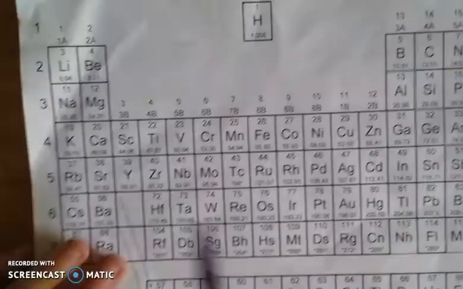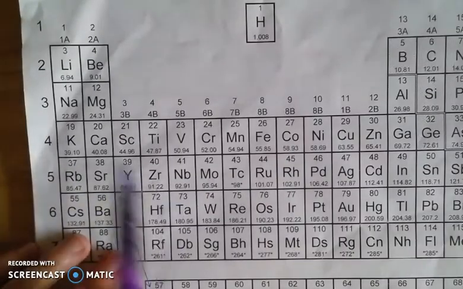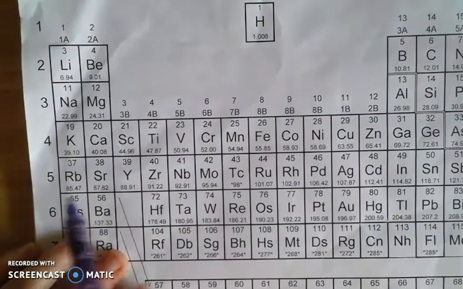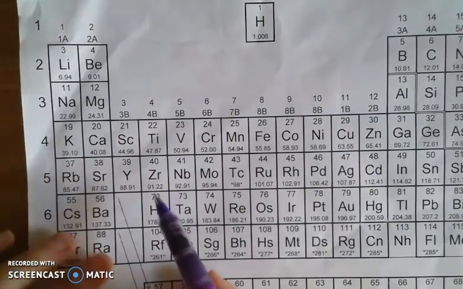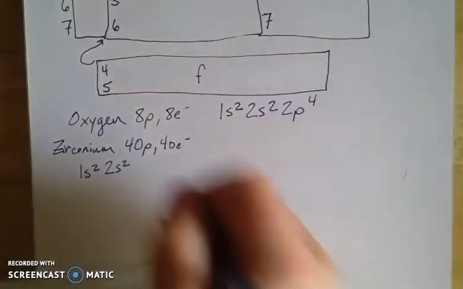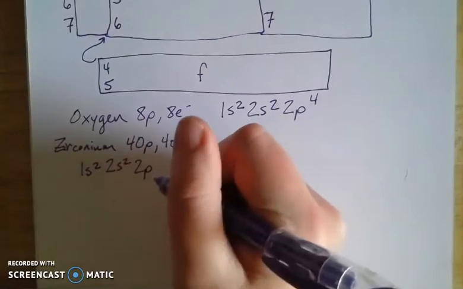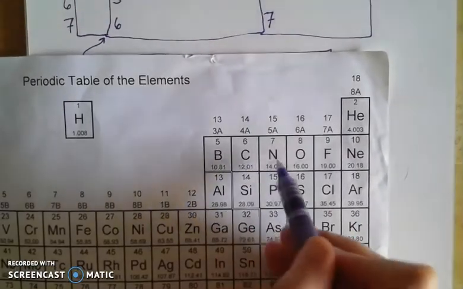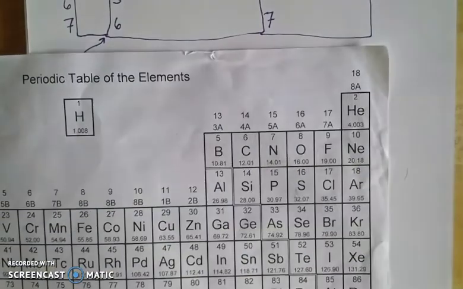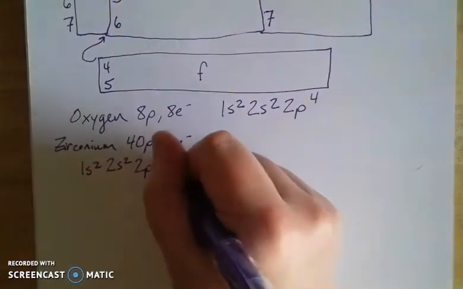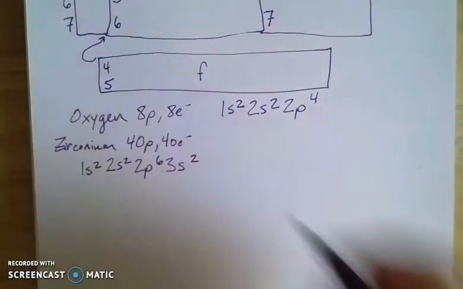I'm still counting down because my target is here, so I need to count all the way through the periodic table to get to that target element. That's the goal. So now I have to get through my P block. I'm in the second period, so that gives me 2p, and then to get all the way through, I need 6. 1, 2, 3, 4, 5, 6. Now I go to the third period through the S block, 3s2.